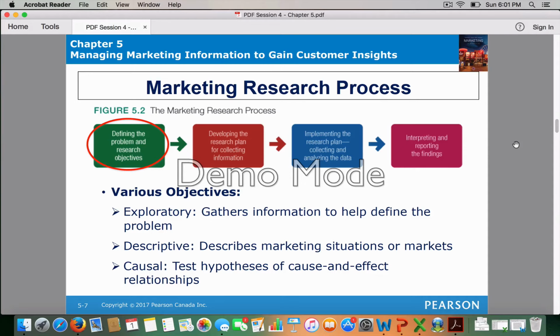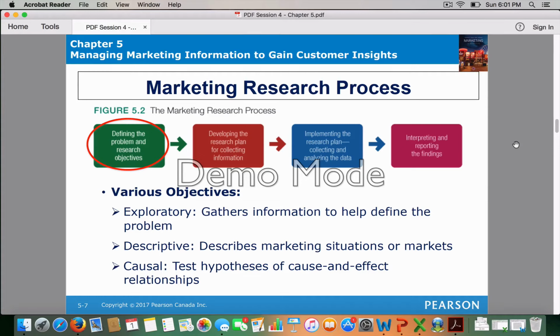The cause, the raising of the price, what is the effect of that? How much volume of product do I sell? So causal relationships are really important to understand. The challenge is that to really understand causal relationships, it's a much more intricate and challenging type of research to undertake. So you have to think about that carefully.